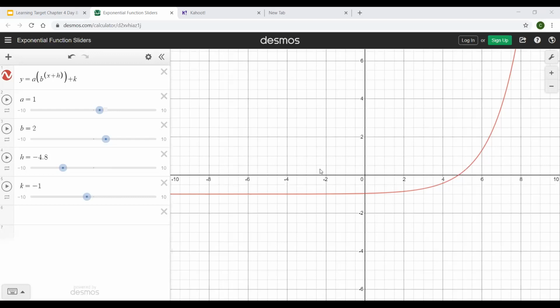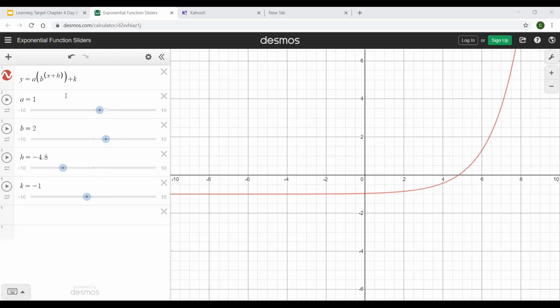So vertical shift, which way? This is talking about the horizontal shift, and this is talking about the vertical shift. Vertical shift up and down, but this is going to be up. Okay. So watch what I do.